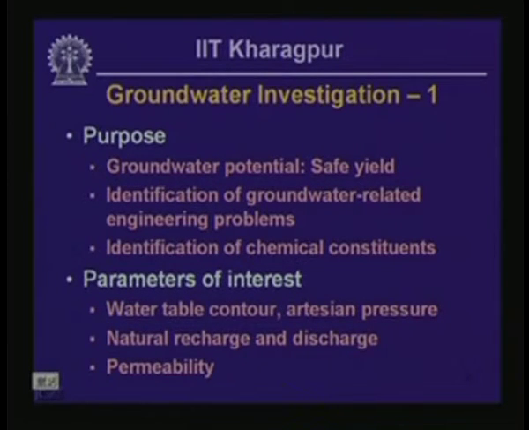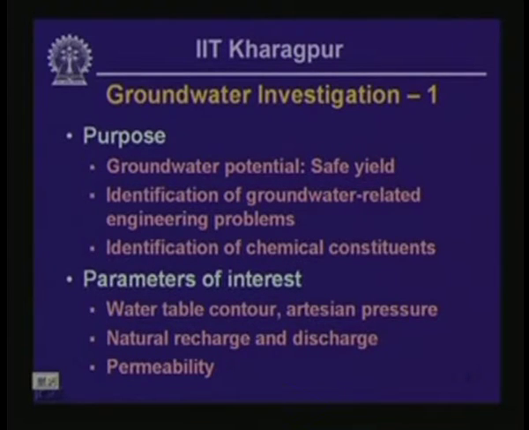Then that gives us a list of parameters that might be of interest, and these parameters we would like to get from groundwater investigation. First of all, we need to be able to assess the groundwater table contour or the artesian pressure, depending on whether we are looking at an unconfined aquifer or a confined aquifer.